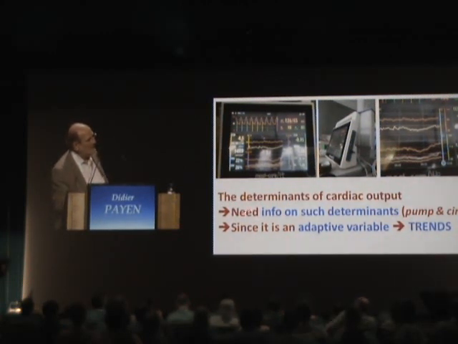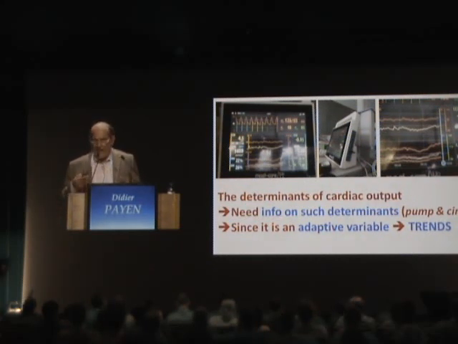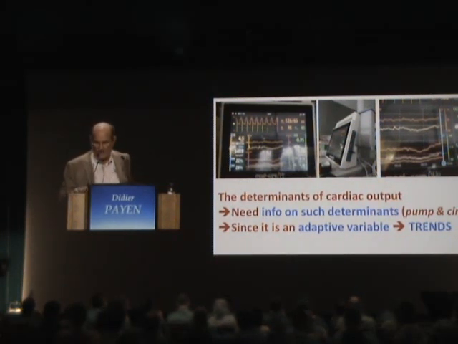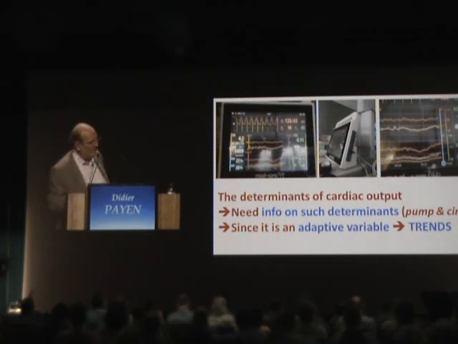And since this flow is an adaptive variable, you should know what happens when you manipulate these determinants of flow, so that is why the trends might be very important to get in your machine, even if it's not a sophisticated one. You see here, you have the trend, which is very well visible for the nurses and the doctors.